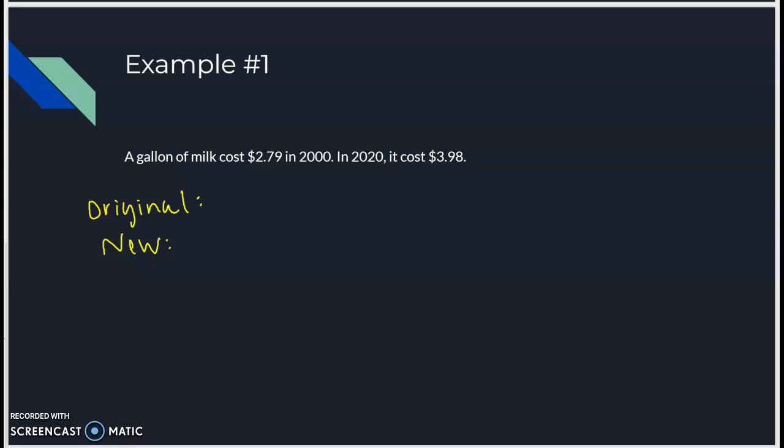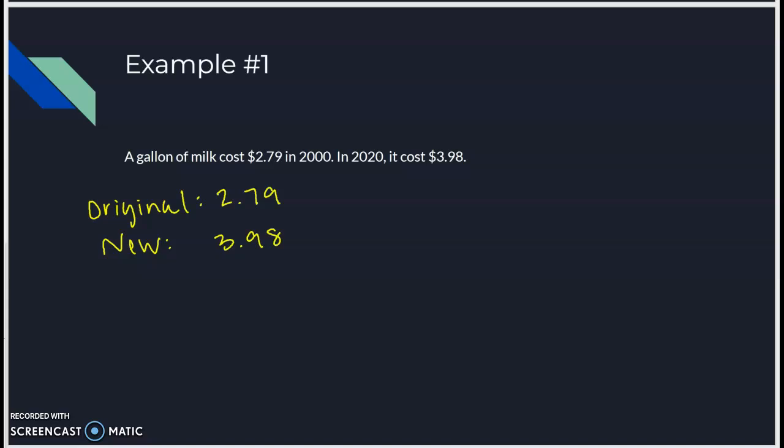So when you're talking about time, the most current time is going to be your new value. The older time is your original value. So in this case, my original value is going to be $2.79 because that was the 2000 year. And then my new is going to be $3.98.